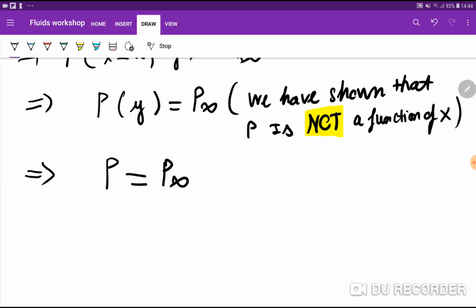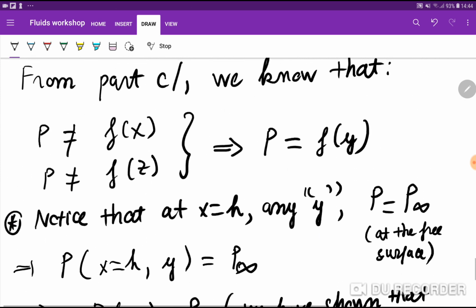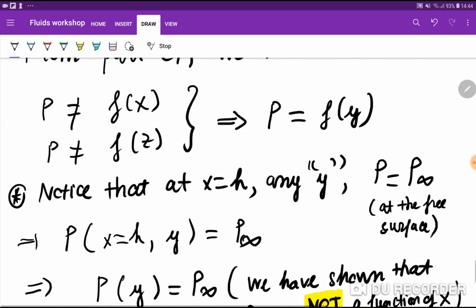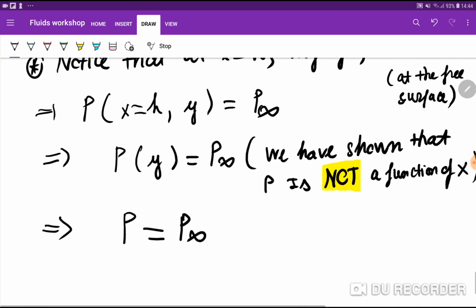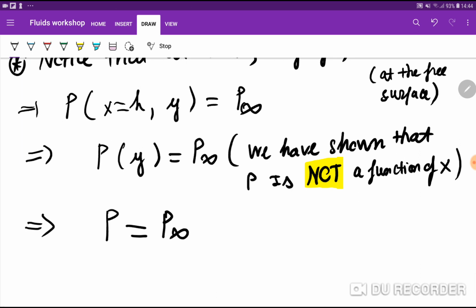So pressure is a constant. You see this logical reasoning: at first we say pressure is a function of y, and then later we arrive at the fact that function of y turns out to be a constant, P infinity.